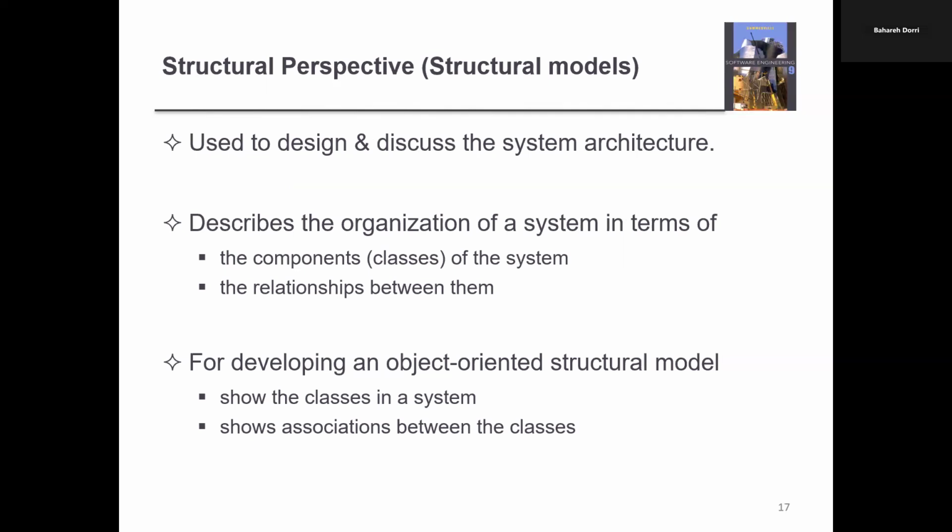Now, when we are developing a structural model using UML, we typically use a class diagram. This shows all the classes involved in the system and the associations between them, who talks to who, owns who, and how everything is connected.